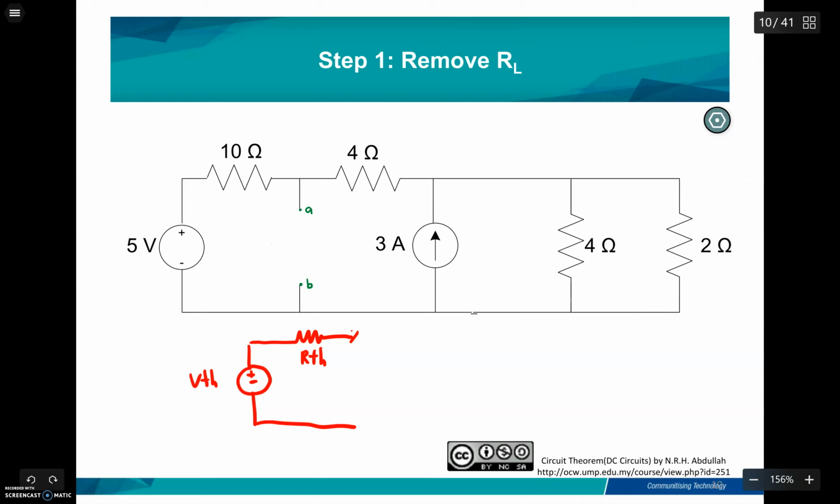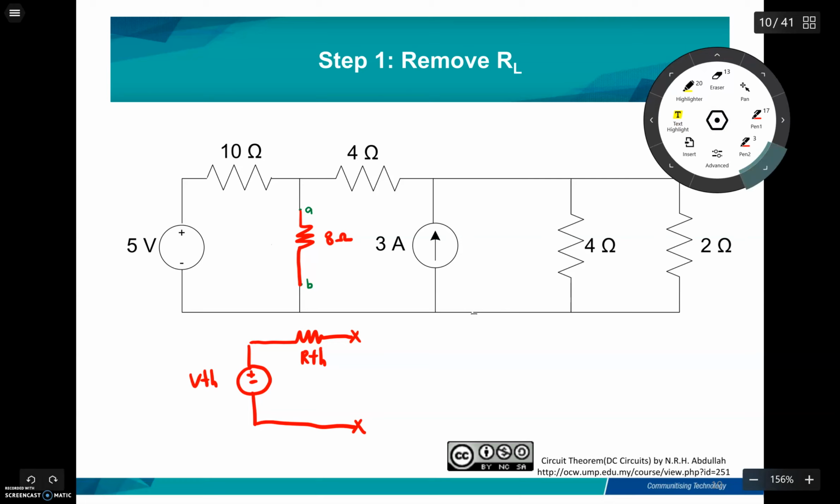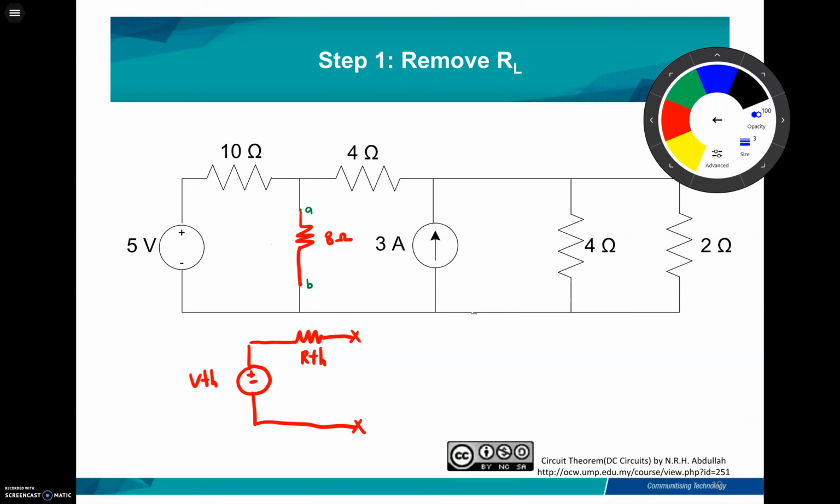So where is the RL? Previously, there is an RL which is 8 ohm here. So in the Thevenin equivalent circuit, the location of the 8 ohm is here as a load.